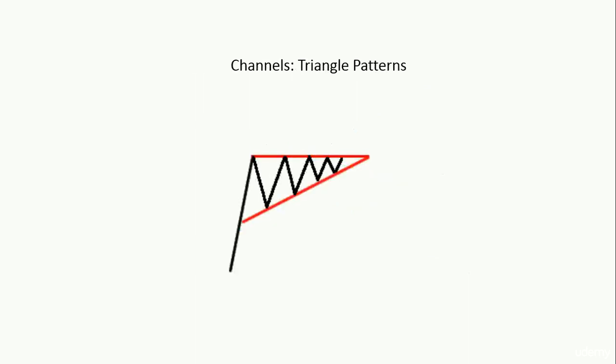If the triangle is trending up, it is called an ascending triangle, like this pattern, and it can be recognized by two intersecting lines. The resistance line is nearly flat, as you can see here, while the support line is trending up.